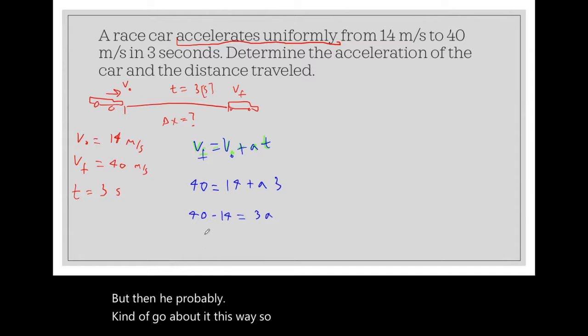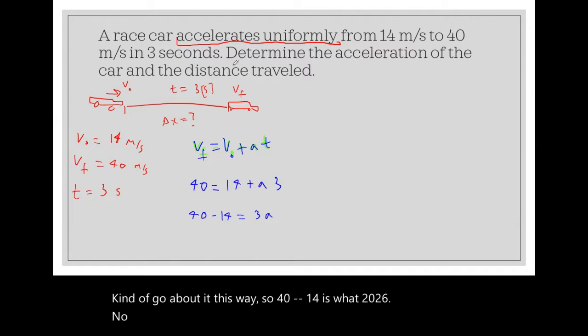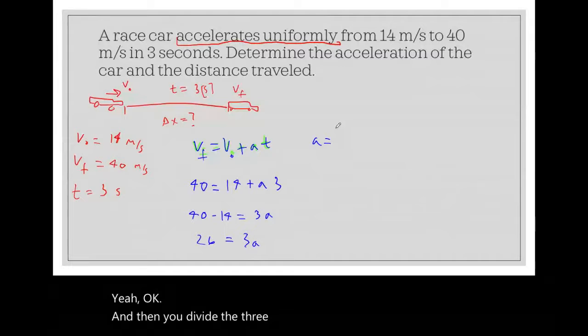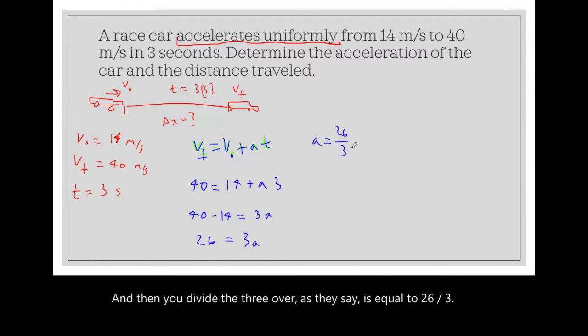So 40 minus 14 is what, 26? Yeah, 26. And then you divide by the 3, so a is equal to 26 over 3. Then you put that in your calculator and get some decimal answer.